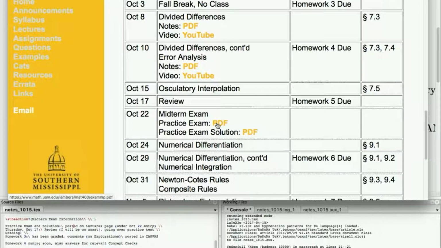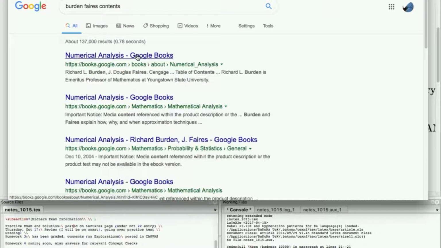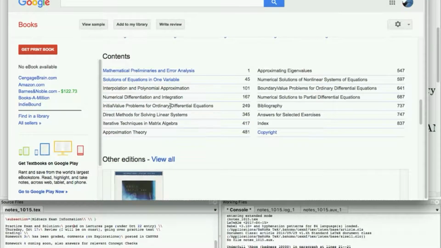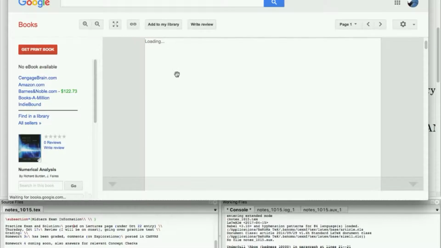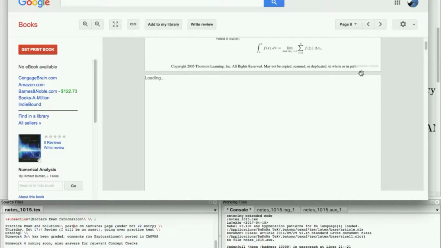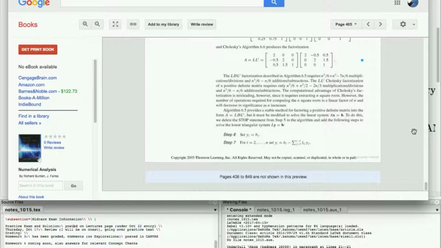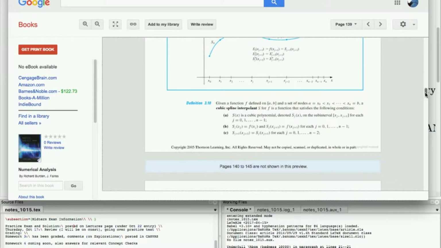Let's see. I might have an answer for you. What I'm looking at right now is the textbook that was used for this class when I was first here.